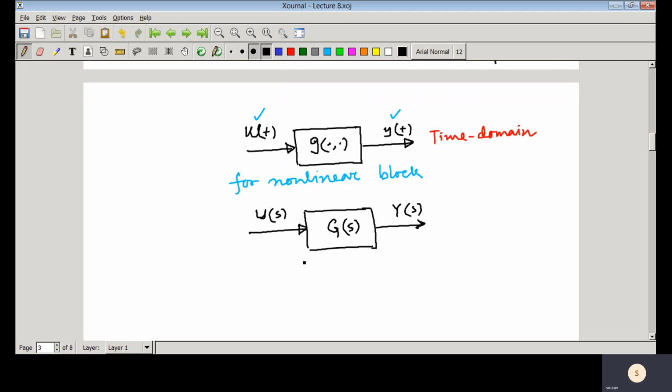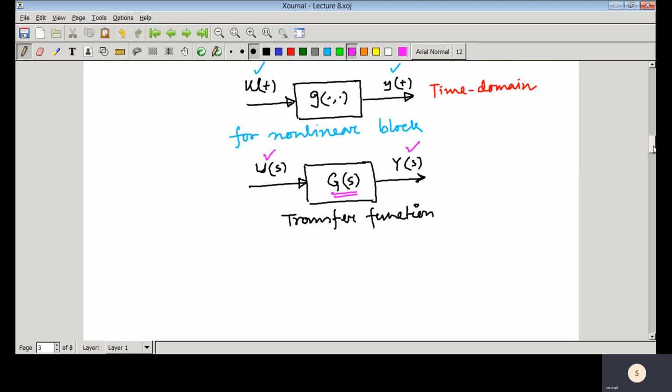So in closed loop control systems, if we would like to represent it in block diagram form, we write the input variable and output variable, and inside the block we write the transfer function of that particular subsystem.